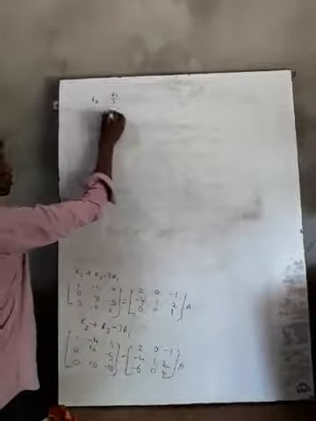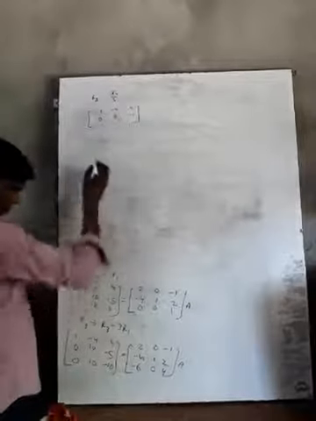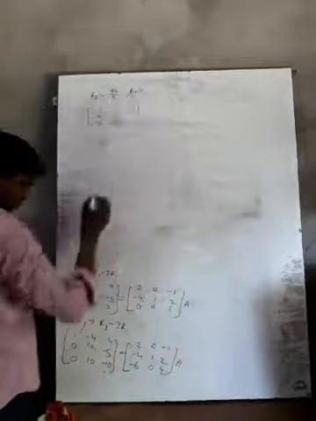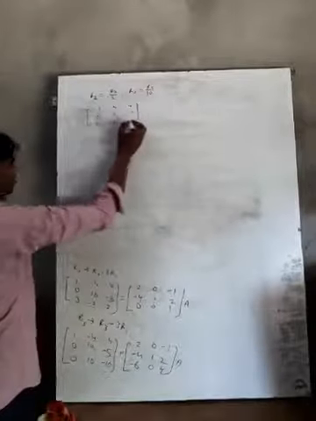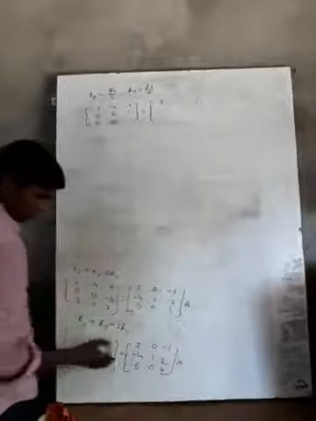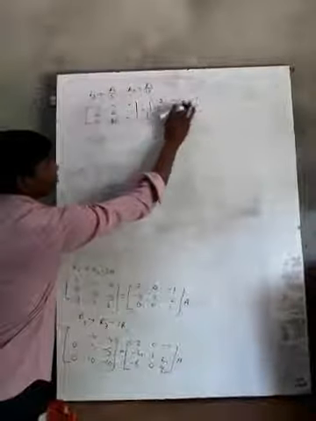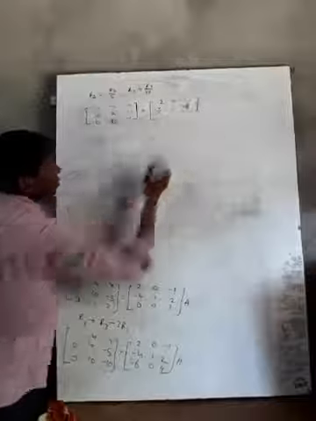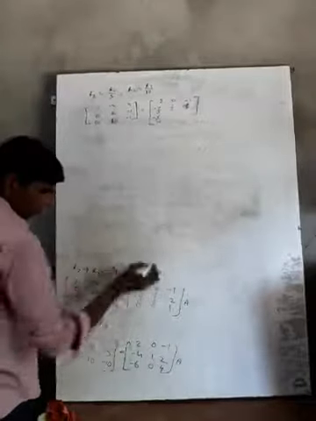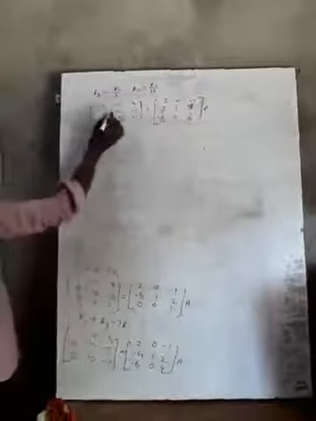So it will be 1 minus 4, 0 2 minus 1, 0 1 minus 1, and 2 0 minus 1, minus 4 upon 5, 1 upon 5, 2 upon 5, minus 6 upon 10, 0 upon 10, 4 upon 10. This will be A. Now we need here 0.